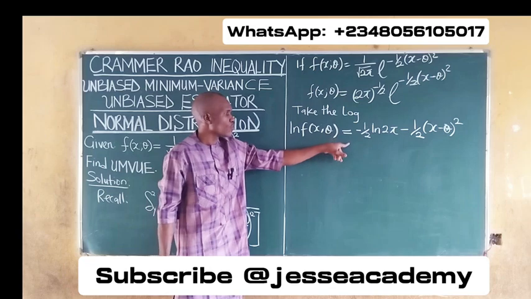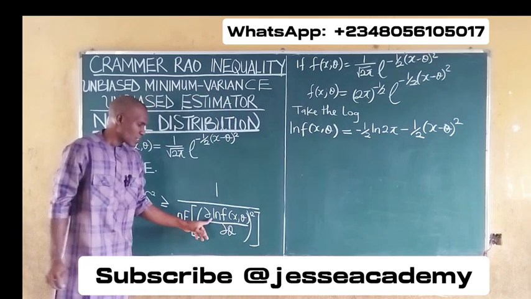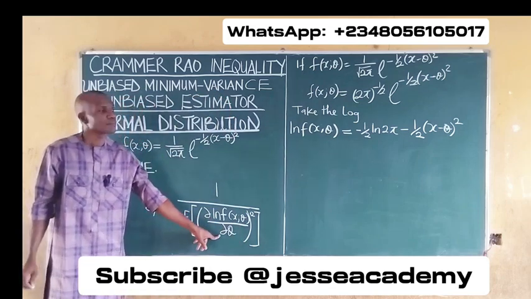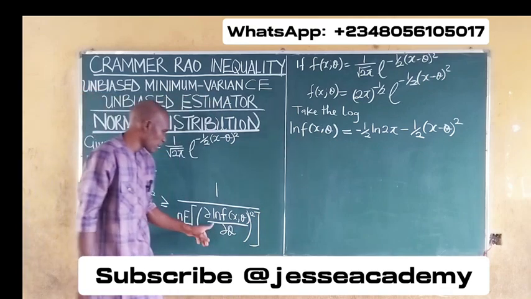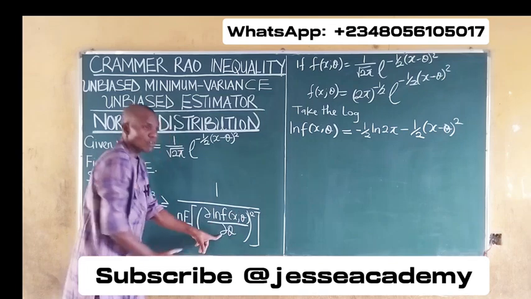The next thing to do is to take the derivative. That means we differentiate with respect to theta. We are differentiating this function with respect to theta. That means we have covered the whole of this.